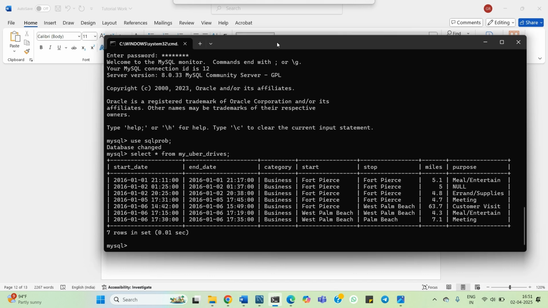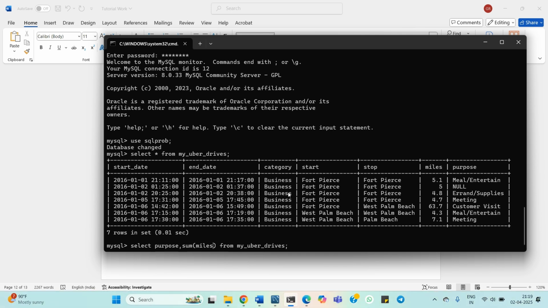First we can start by taking the sum of miles for every purpose, so we have to find the total mileage.